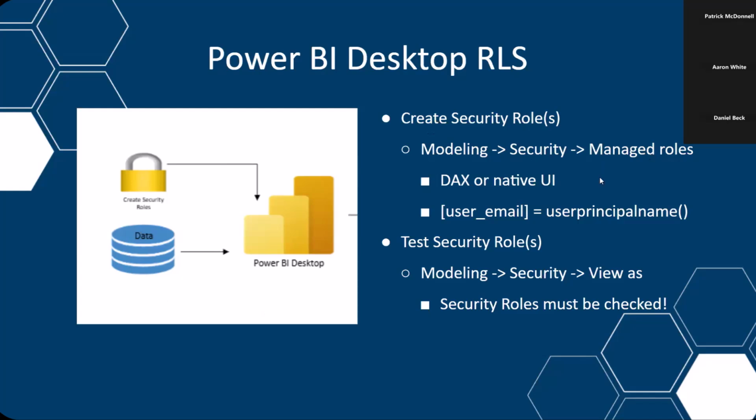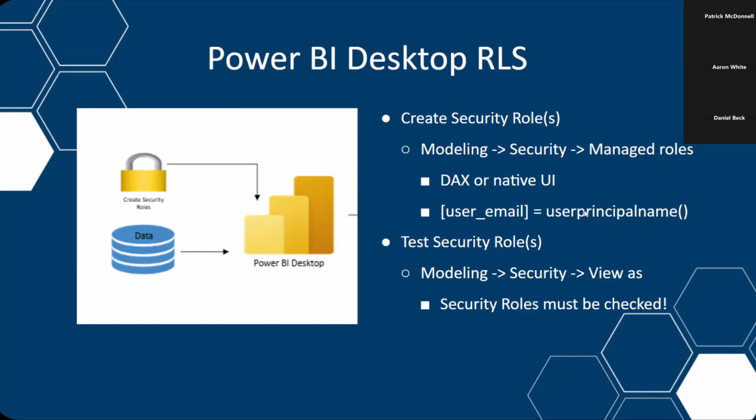From there, we can set up those security roles using DAX, so creating queries, or we can use the native UI that was recently laid out about a year and a half ago. That makes it a little bit easier if you're doing simple filtering processes. One of the things to key in on is this user email is equal to user principal name.